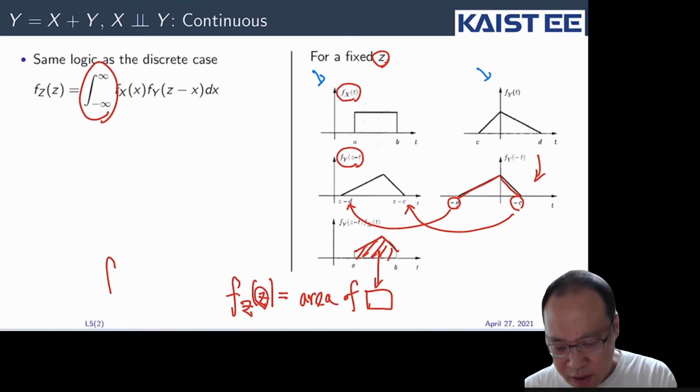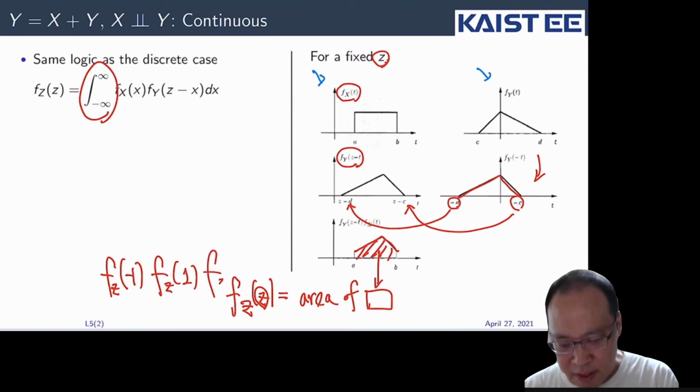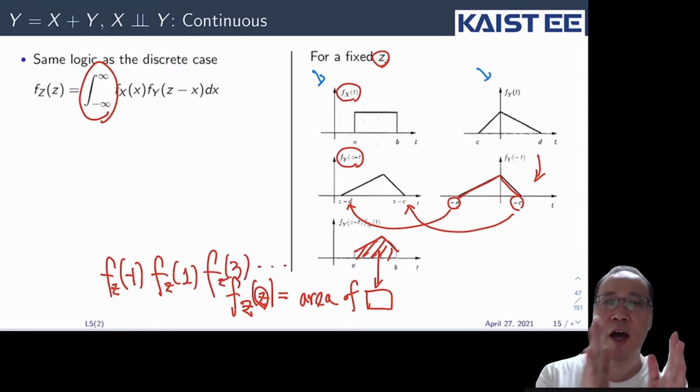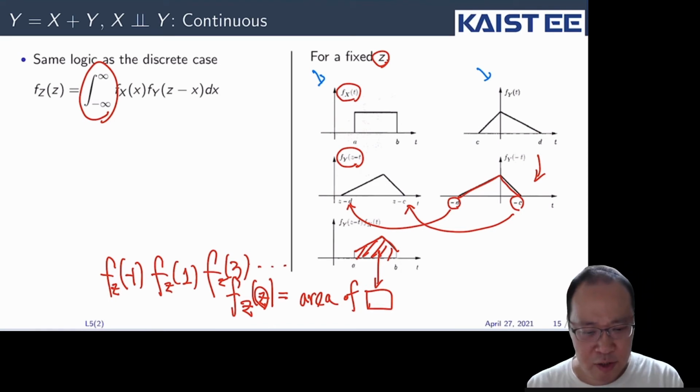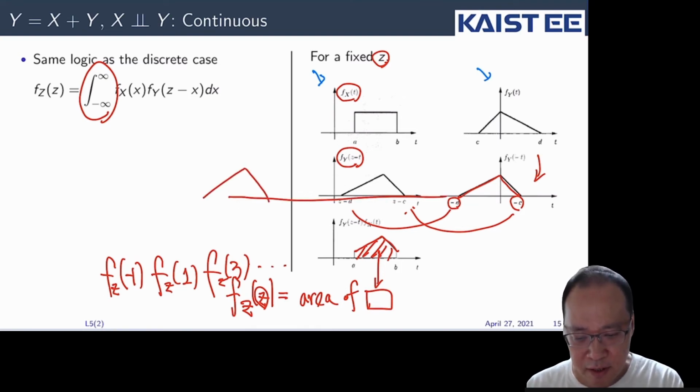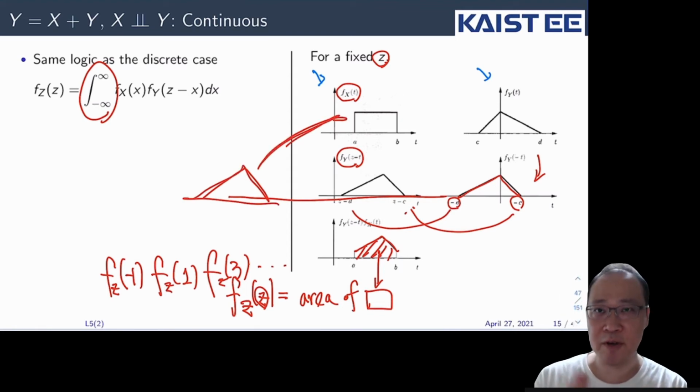And using this we can compute fZ of minus 1, fZ of let's say 1, fZ of let's say 3, and so on, right? Depending on how much we do the right shift. So essentially what we are doing is that we start from something like here and do the multiplication. Obviously this is 0 because the shifted version is located too far left.